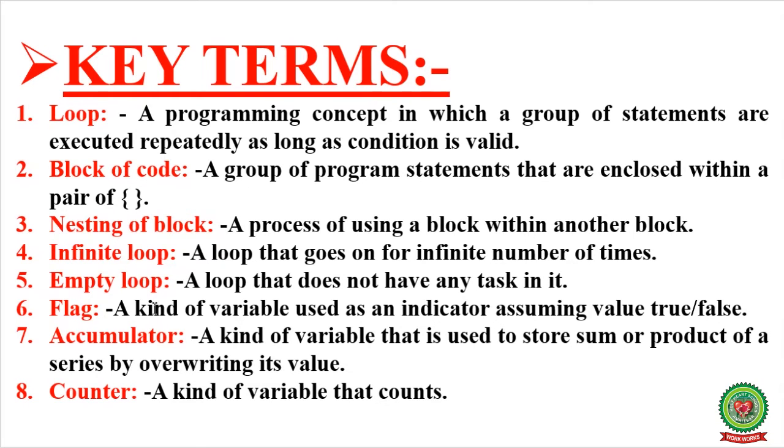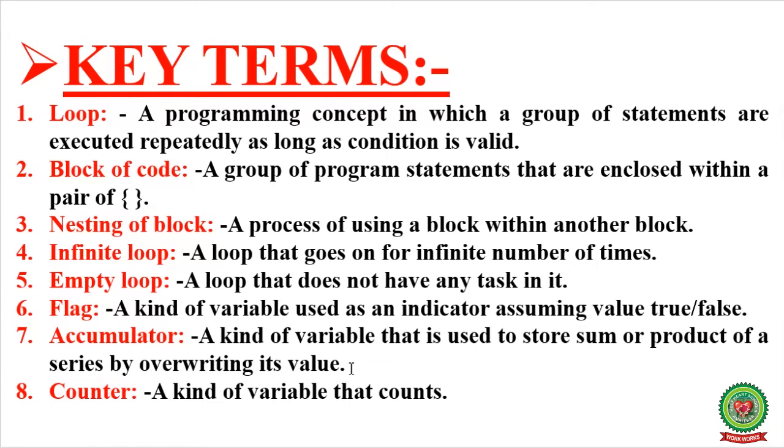Number 6, flag. It is a kind of variable used as an indicator, assuming a value of either true or false. Number 7, accumulator: a kind of variable that is used to store the sum or product of a series by overwriting its value.